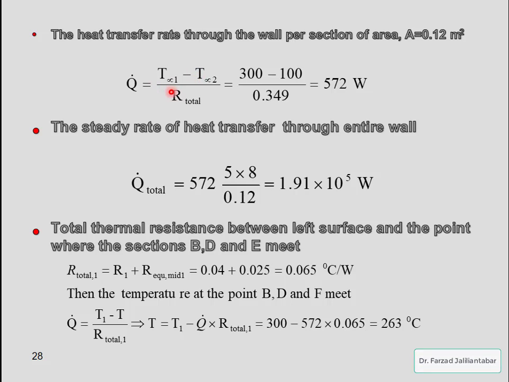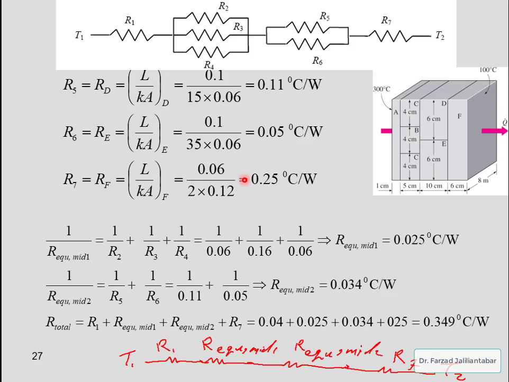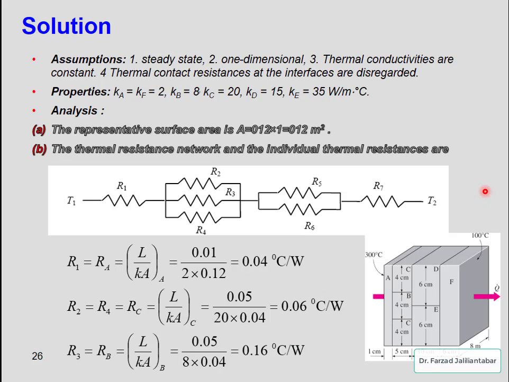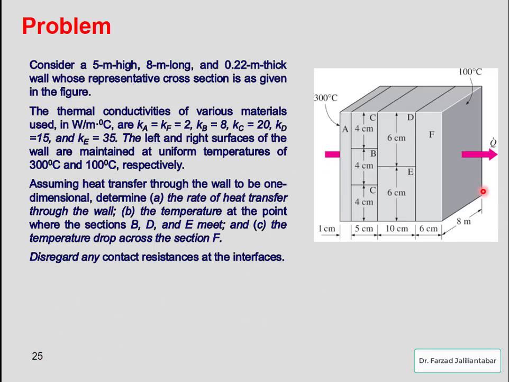Then to calculate the total heat transfer through the wall, we should multiply this heat transfer by the whole surface area of the wall. So the surface area, 5 times 8, divided by 0.12. The total surface area was 5 times 8 meters. If you remember in the question, it was given 8 meters in this direction and 5 meters high.